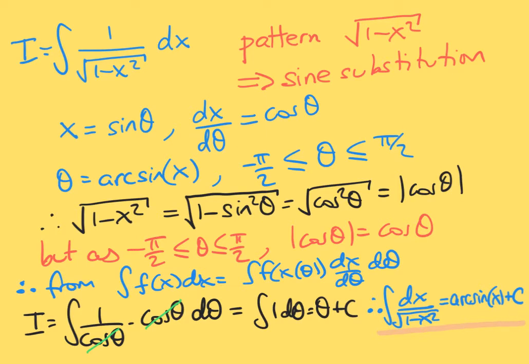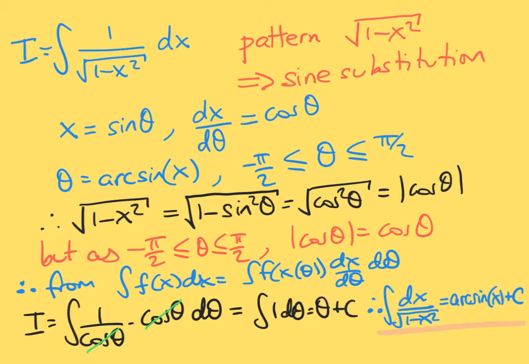So if we make a sine substitution, we can perform this integral, and that is the result we get. And on the next slide, what I want to do is to show if you differentiate this, you get back to the original integrand 1 over the square root of 1 minus x squared.